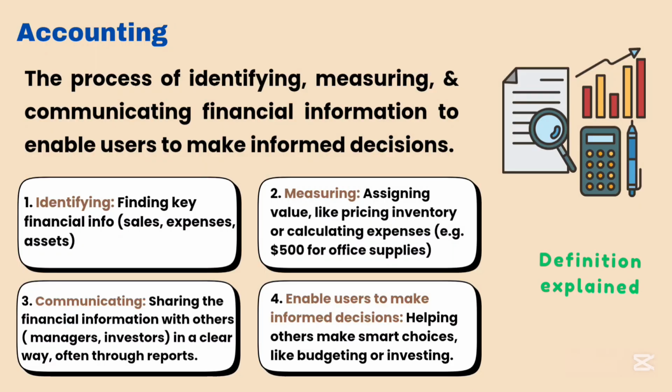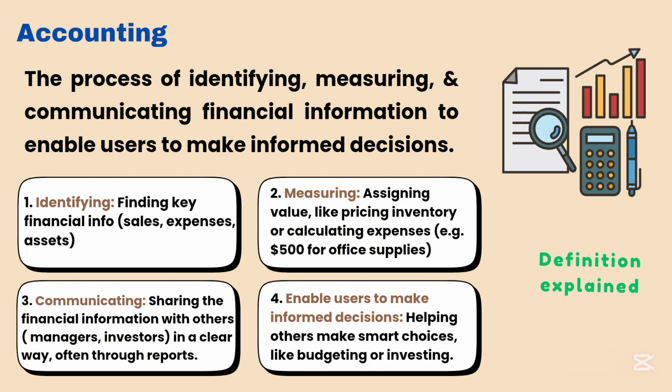What is accounting? Accounting is the process of identifying, measuring, and communicating financial information to enable users to make informed decisions. First, we identify key financial information like sales, expenses, and assets.